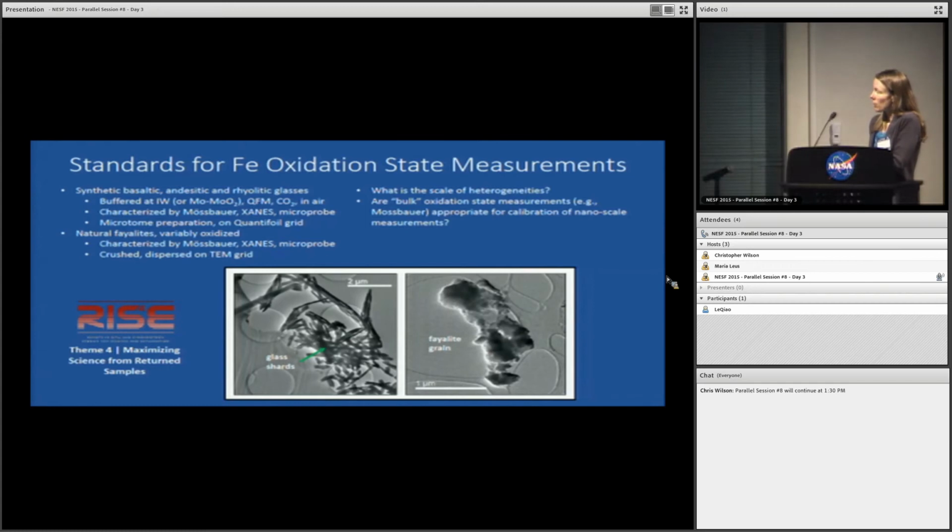We're looking at these both because they're well characterized, so we can relate our measurements to these other measurements, and also because we're looking at these grains on a very different scale than most measurements are able to access. So we want to know how those bulk measurements relate to the very fine scale, nanoscale features that we're able to measure.